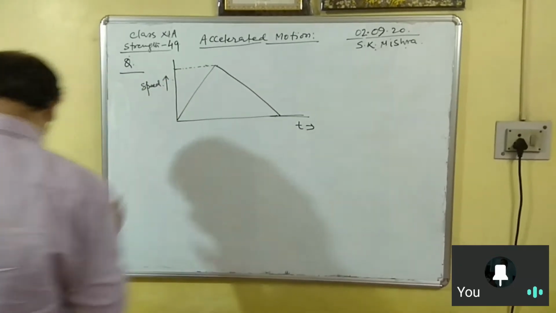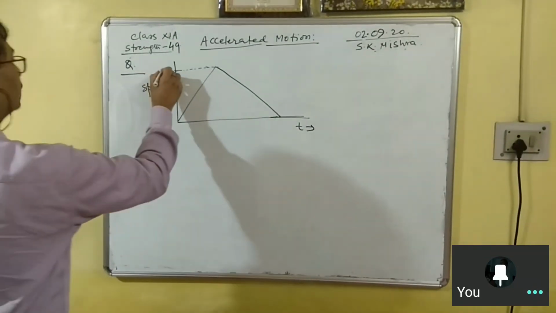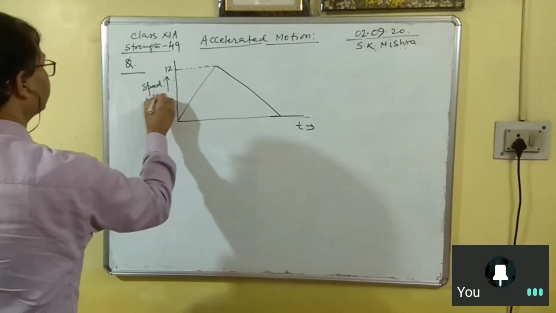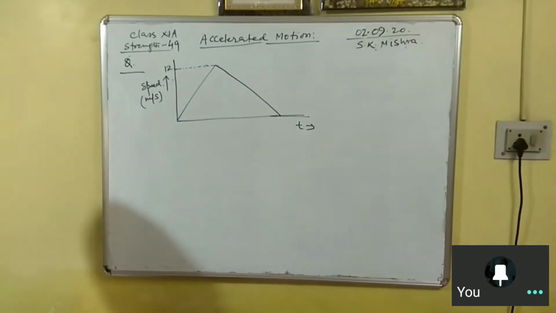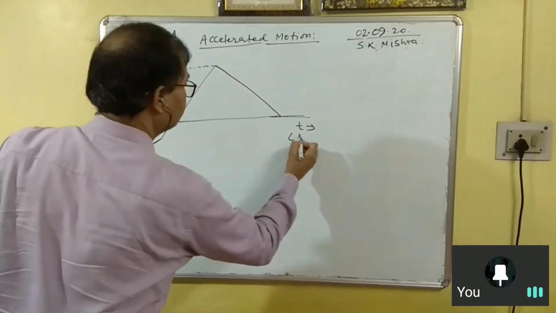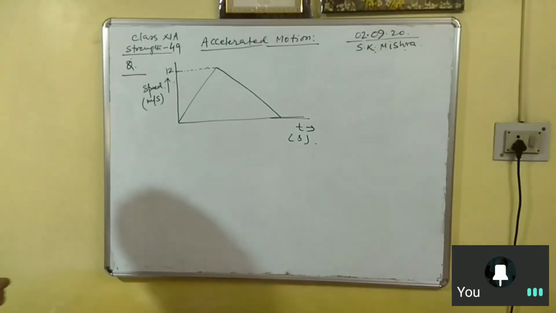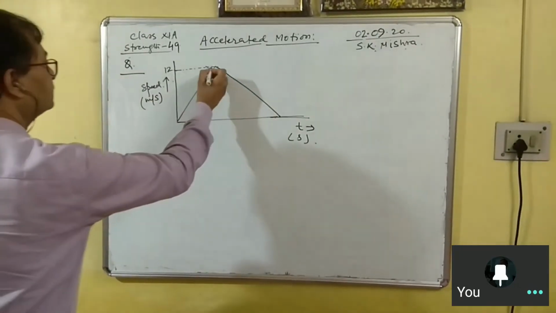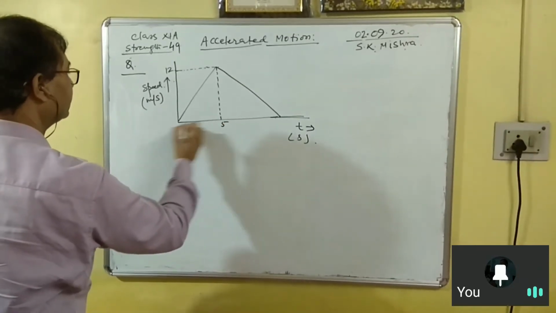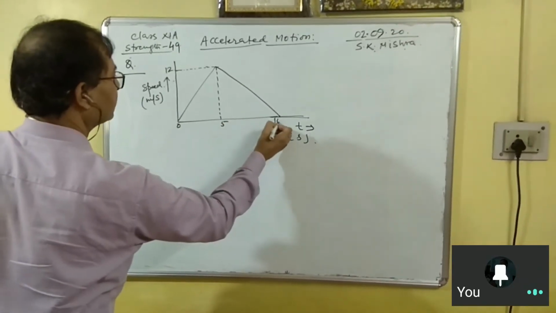Maximum speed is given to you as 12, and this is in meter per second. Time is measured in seconds. And the time interval, this is 5 seconds, 0, 10 seconds.